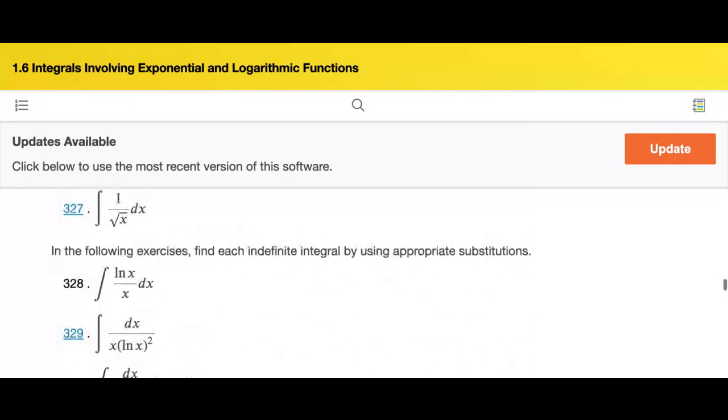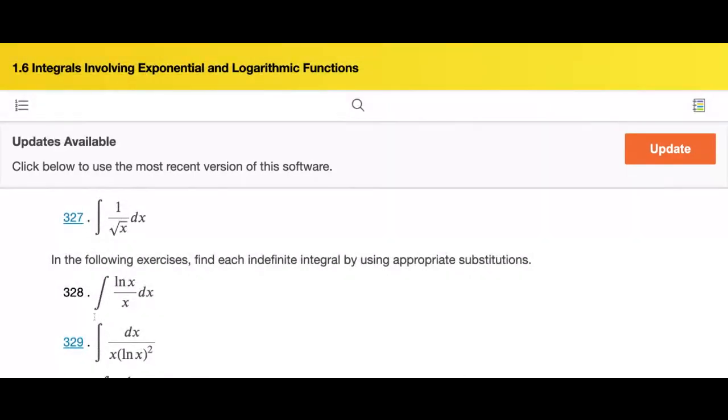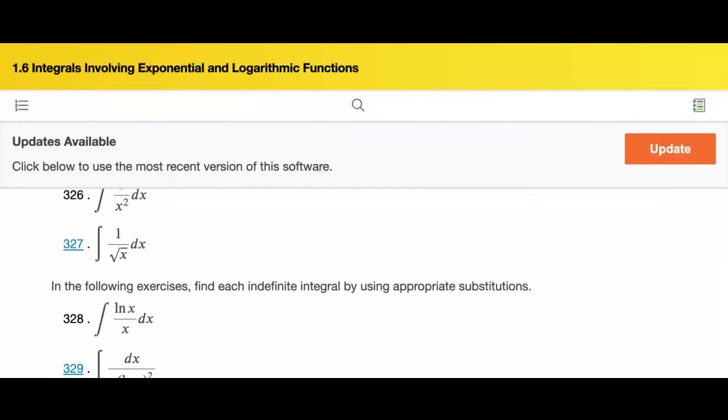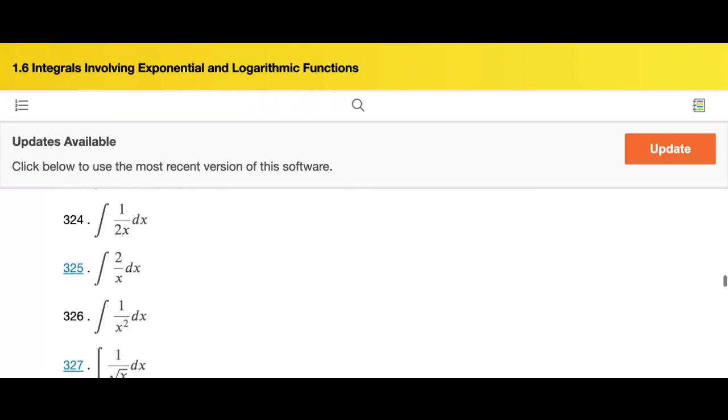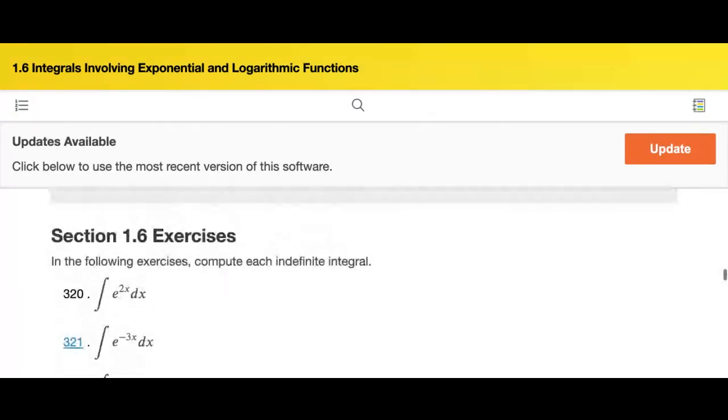You know what? I don't want you to do this now. 328, I don't want you to do it. So in the future, we're going to learn something called integration by parts. Okay, up to 327. So 321 up to 327 for this one.